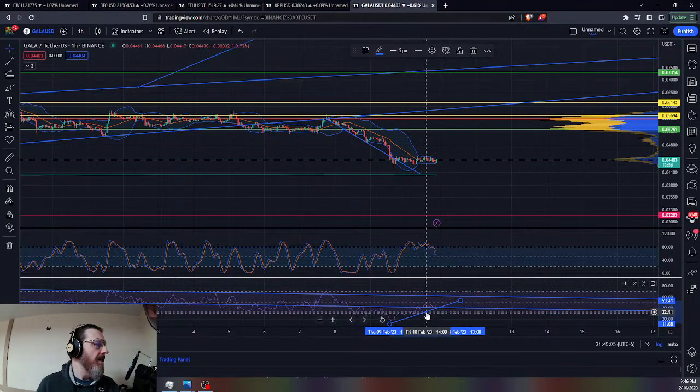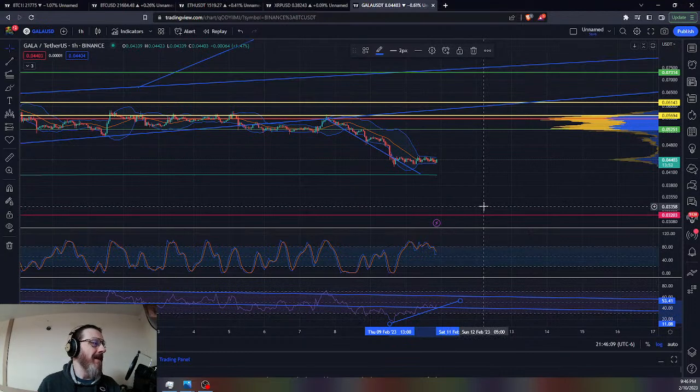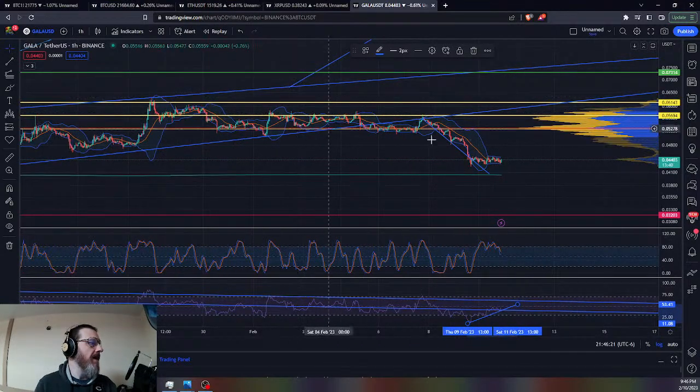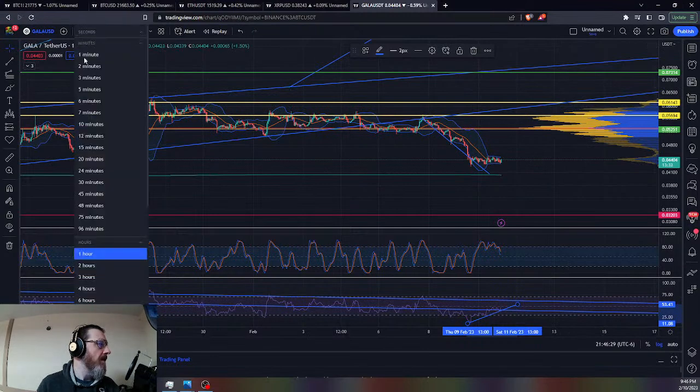So this isn't all that great of a look on the 1 hour, but we do still have this point of control up here, which on the 1 hour is at like 55.98. So this is all chopped back in here, if you're not able to close above that 61.43 level that I was looking at before.